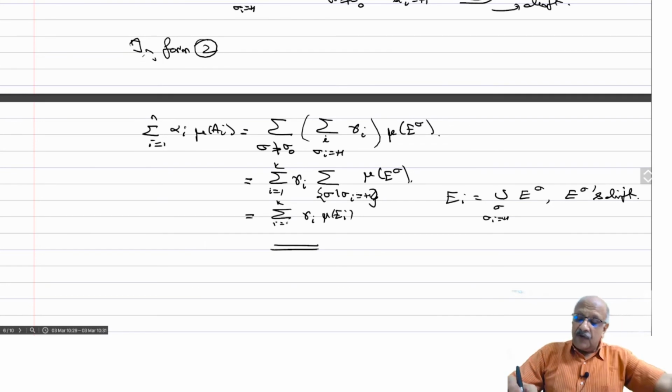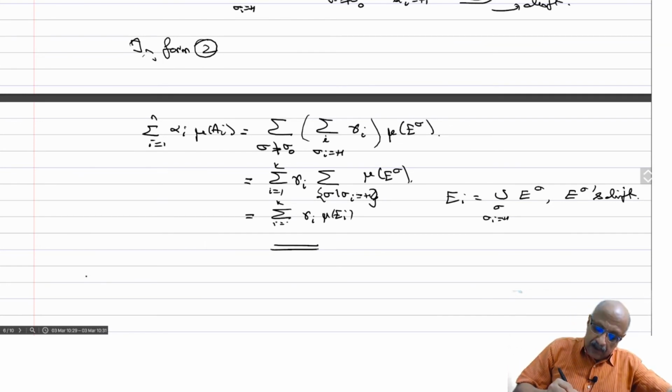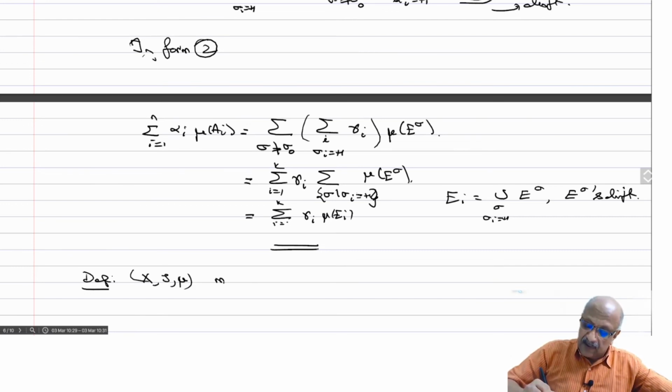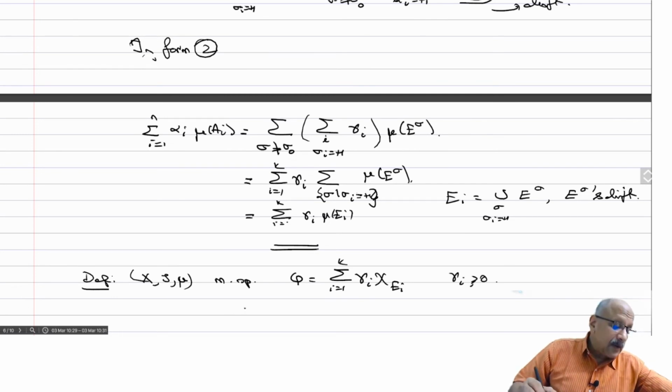So whatever form you write the definition in, take (X, S, mu) a measure space and phi equal to the sum over i from 1 to k of gamma_i chi of E_i, gamma_i non-negative.